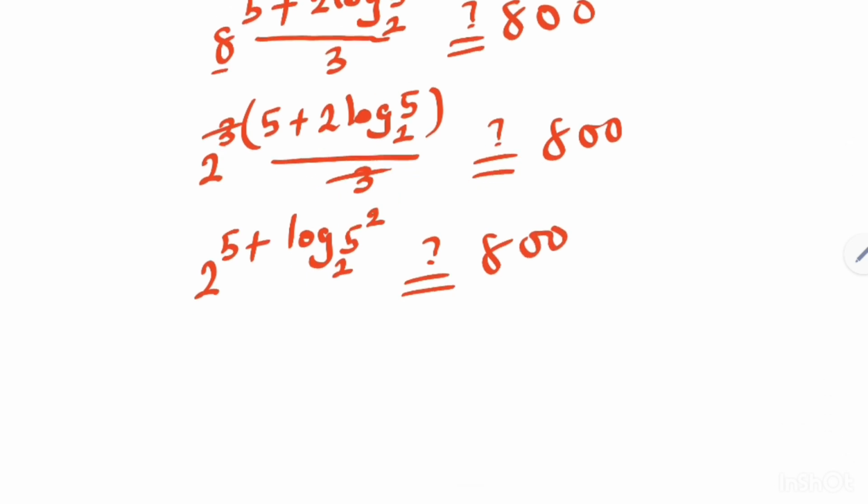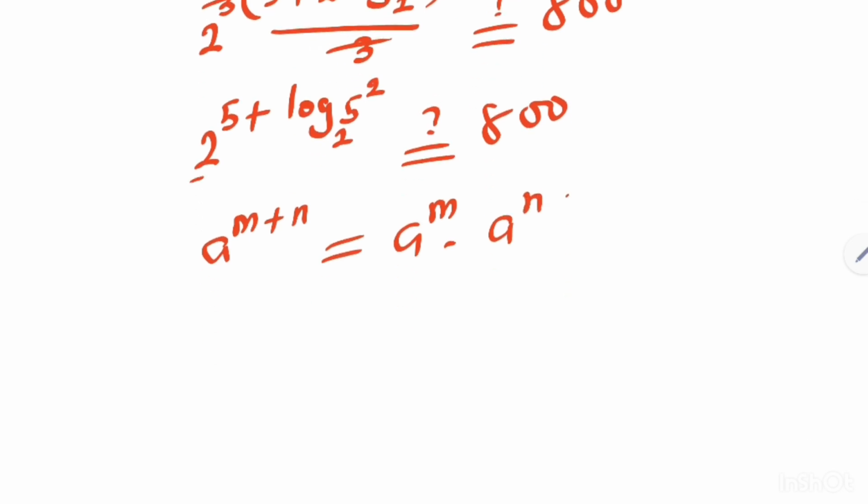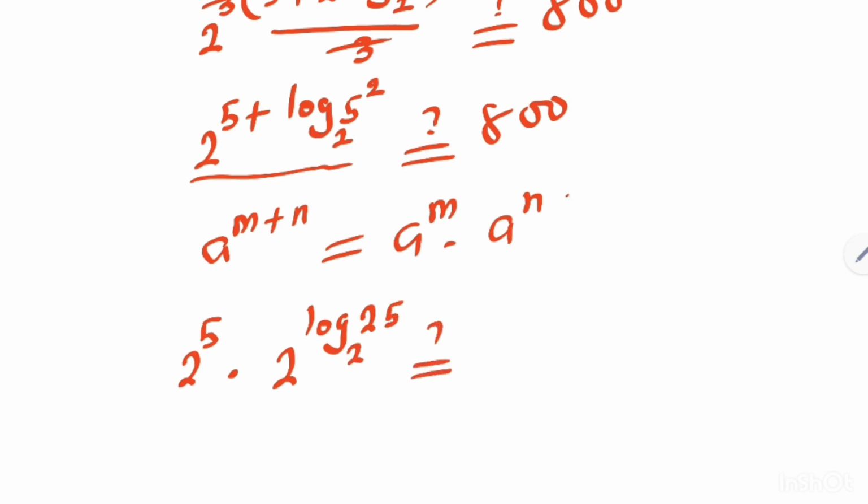If you have a raised to power m plus n, this is equal to a raised to power m multiplied by a raised to power n. Then this can be written as 2 raised to power 5 multiplied by 2 raised to power log 5 squared, that is 25, base 2, must be equal to 800.